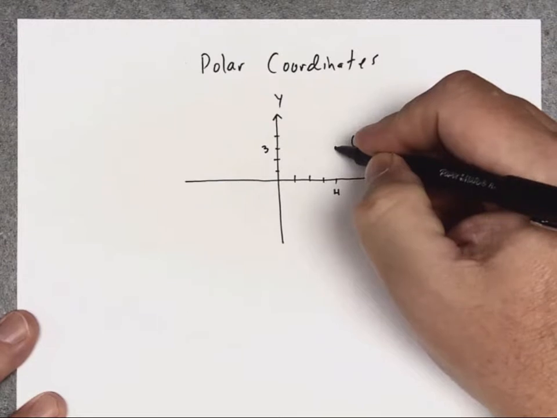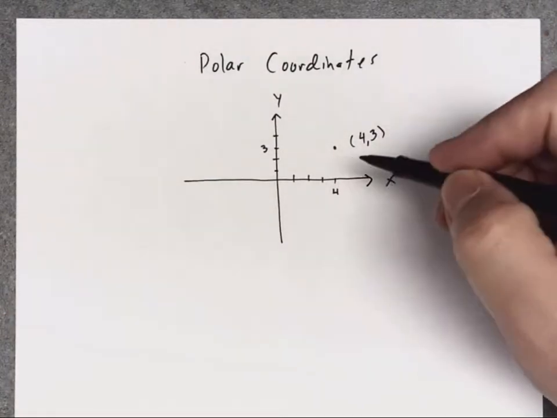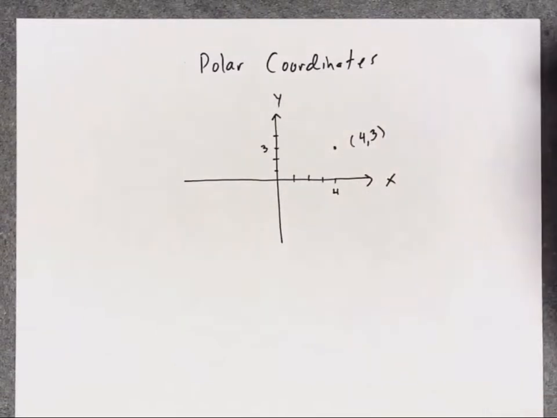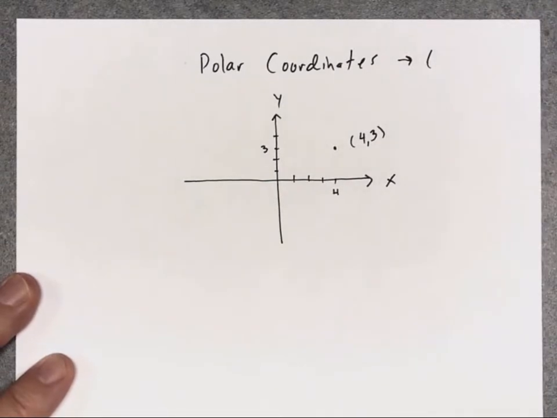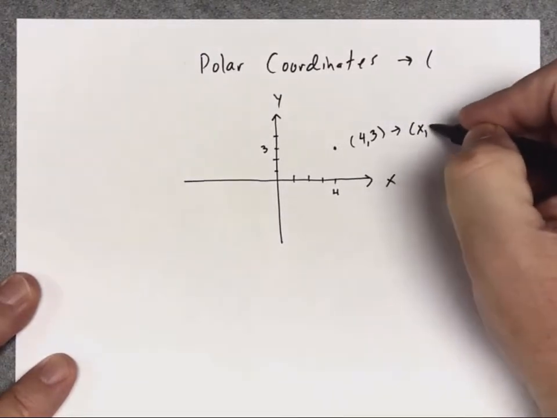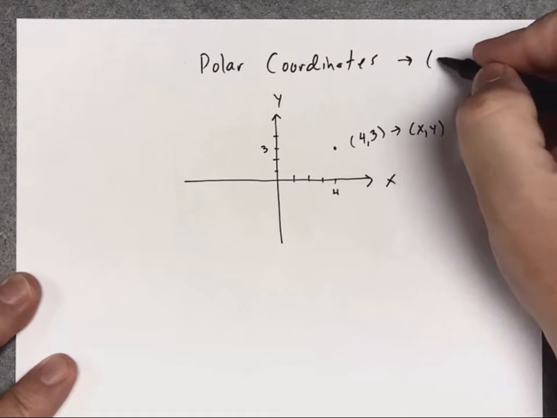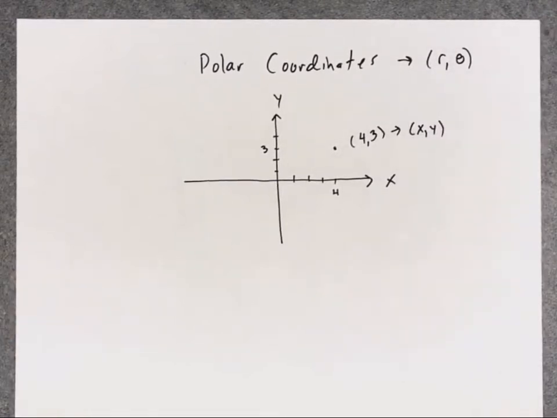But I'm going to take this same point here, and instead of giving the value of x and the value of y, I'm going to give two pieces of information, but they're not going to be x and y. Instead, the two pieces of information inside the parentheses are r and theta. So let's talk about what r and theta mean.